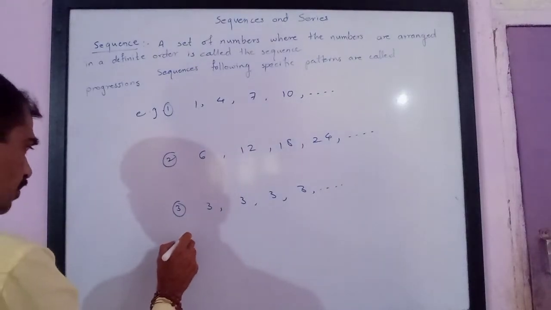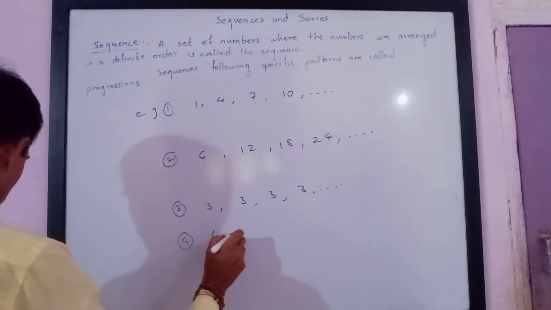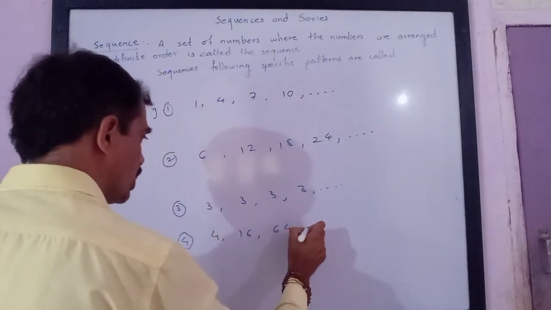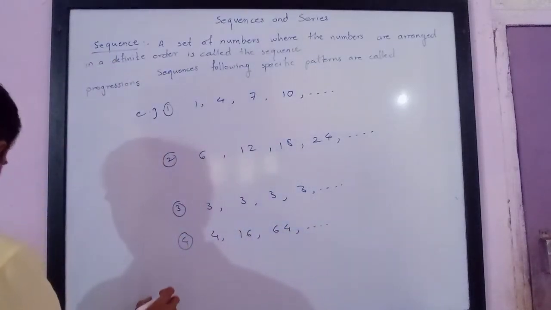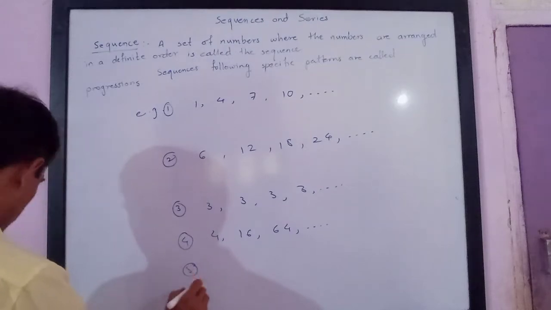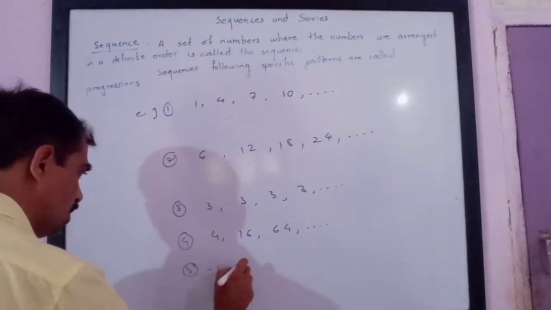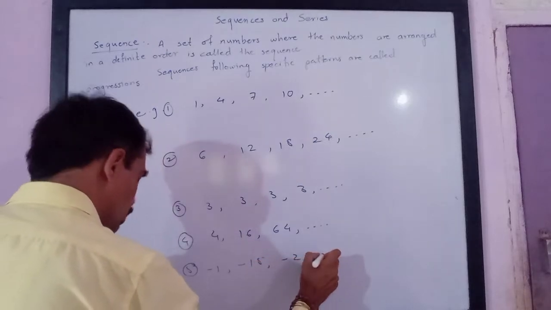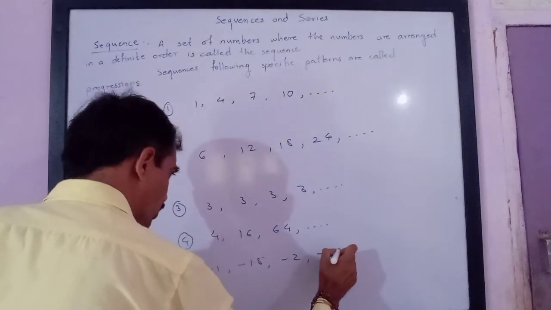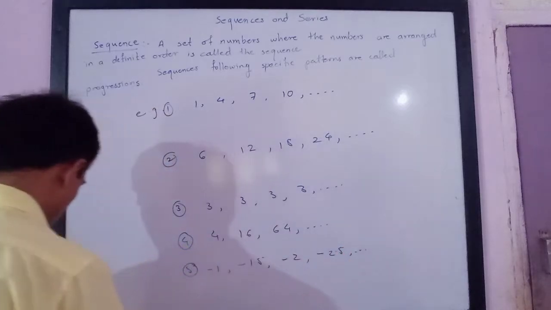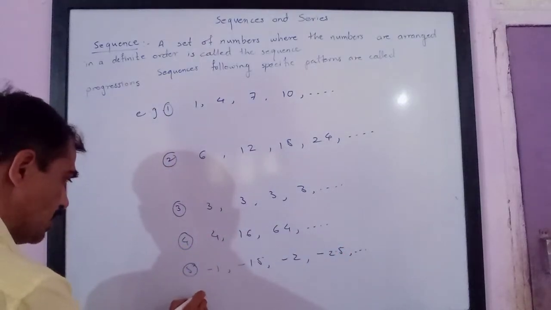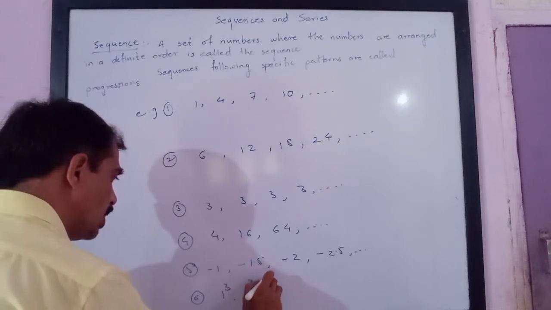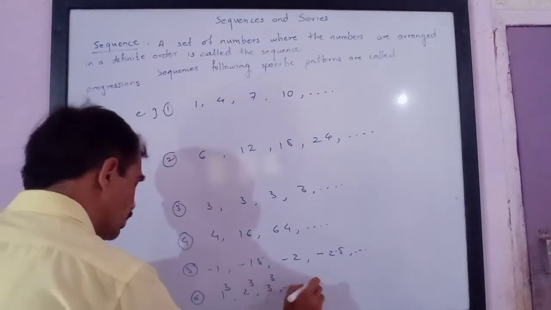Then 4, 16, 64, this time watch carefully, and so on. Next sequence: -1, -1.5, -2, -2.5 and so on. And the sixth sequence: 1 cube, 2 cube, 3 cube and so on.